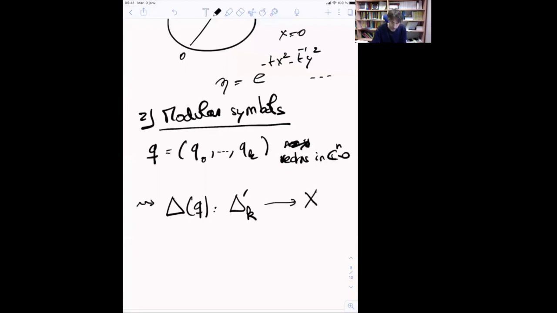to the Tits compactification. And I will distinguish two cases.